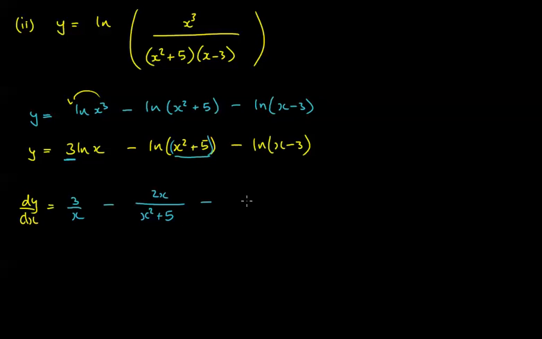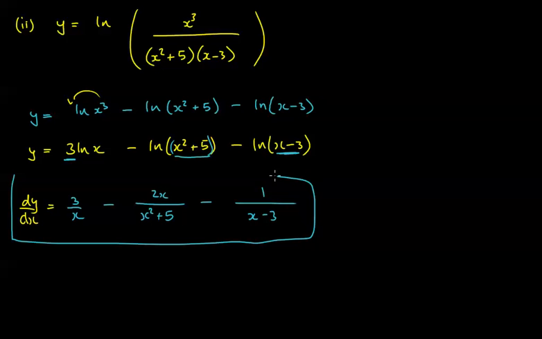Subtract, same thing here: x take away 3 on the bottom, and on the top just 1. So you get 3 over x, take away 2x over x squared plus 5, take away 1 over x take away 3. And that is the derivative of this function.